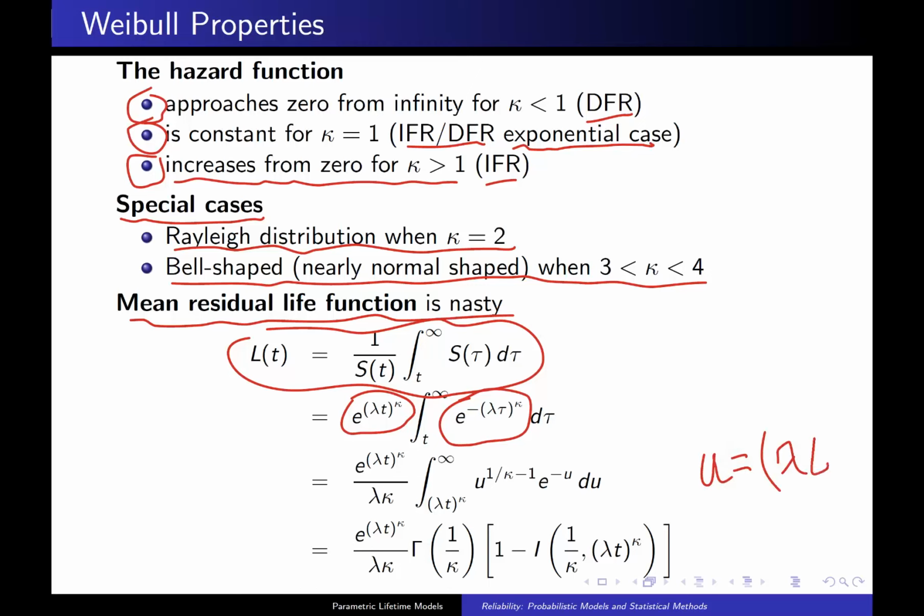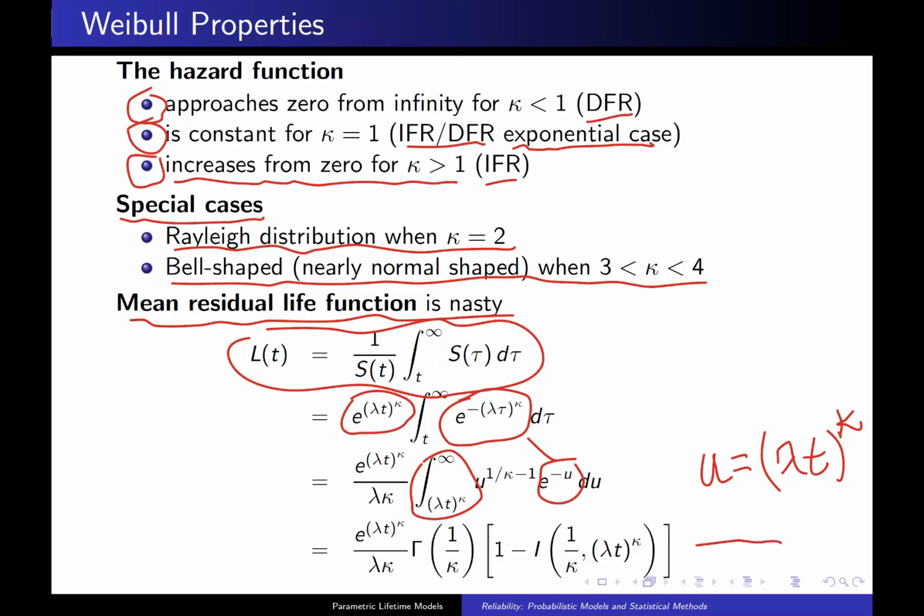lambda t raised to the kappa power, now this term that's circled right here will reduce to e to the minus u. And now it starts to look a little bit like a gamma function. Unfortunately, the limits don't go from 0 to infinity, so that forces you to invoke the incomplete gamma function.